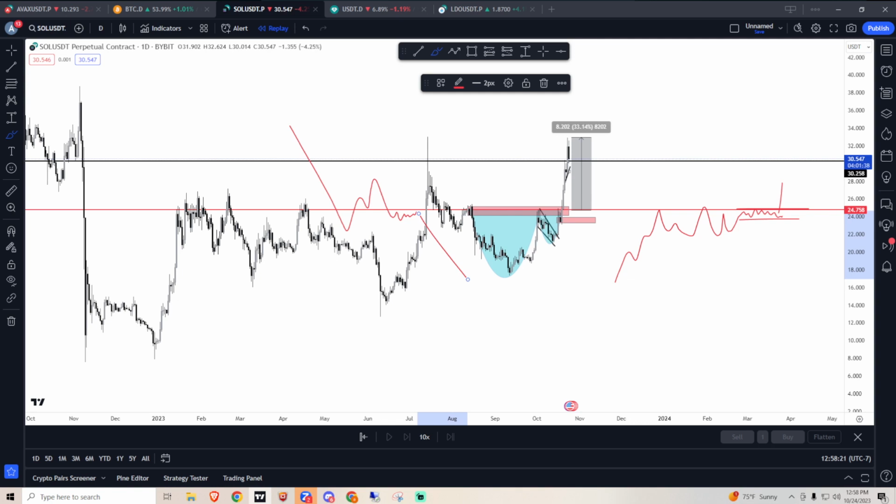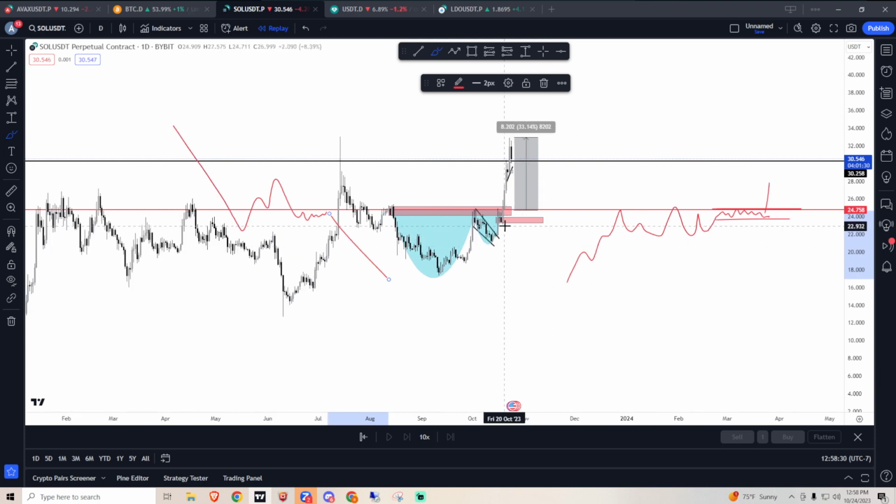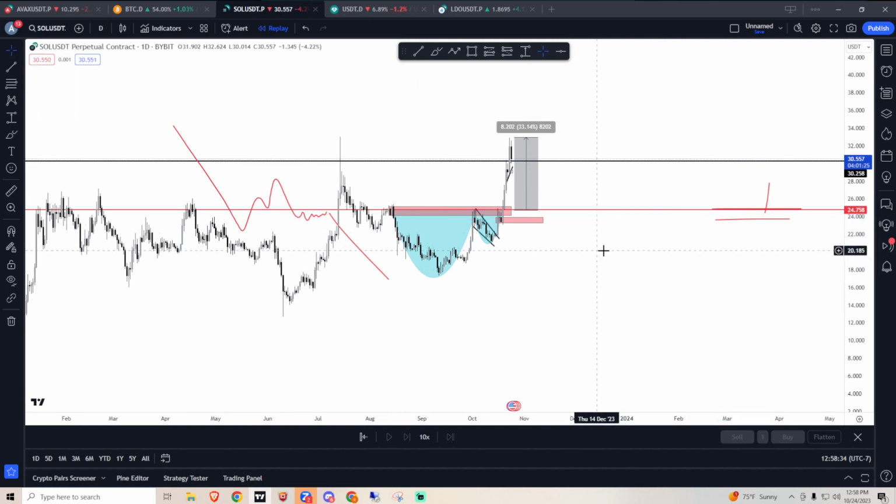So in this example, after the final break of the resistance where the cup and handle ends, you have a very tall candle above the red line. Let me remove some of these Michelangelo-esque type drawings.